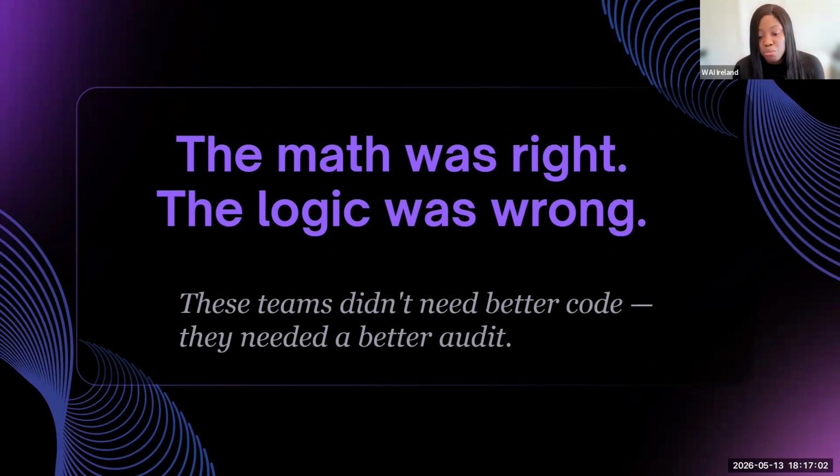Also, when we assumed that a model trained on historical data would suddenly stop mirroring those historical prejudices, like the resume screening examples, or our image generators returning pictures of men when asked for an image of a CEO or of a doctor, right? So the systems passed their technical checks, but fundamentally they failed people.